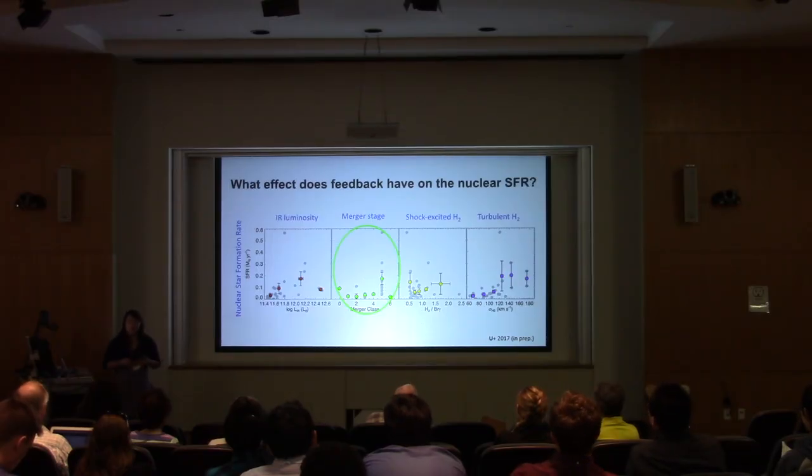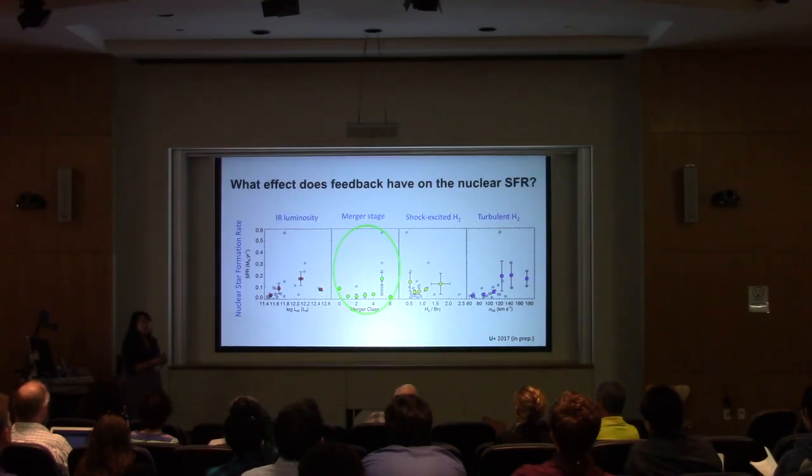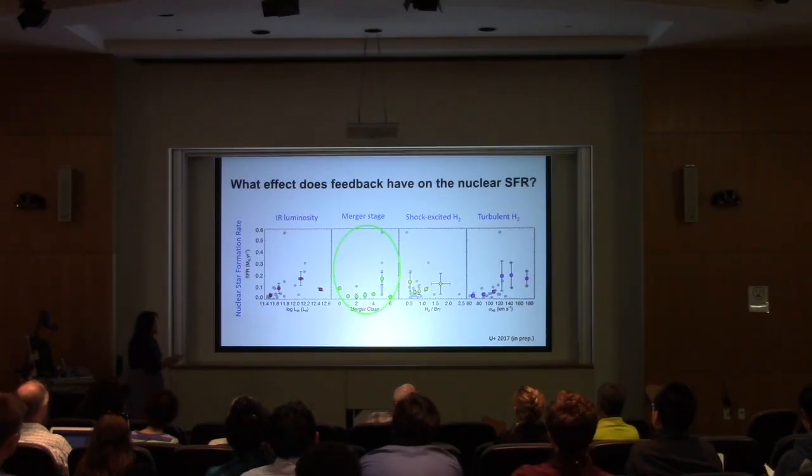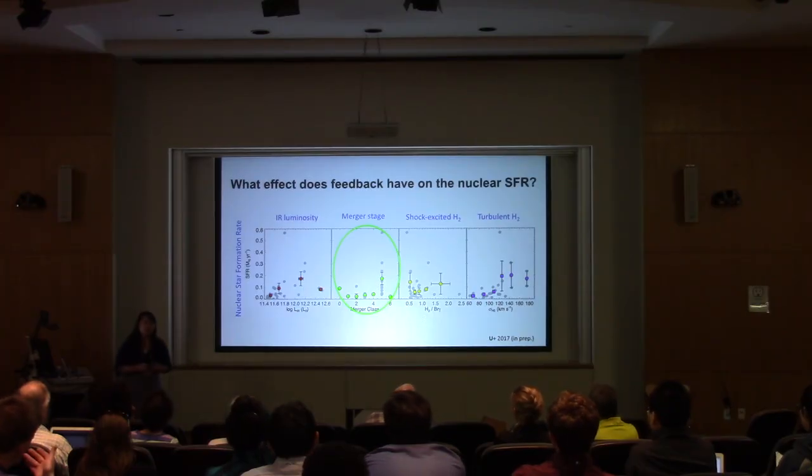Now, we are a lot more complete in this stage than we are in the earlier stages. So we might be seeing different trends once our sample grows larger, but it is telling to say that the nuclear star formation rate doesn't get enhanced until the very late end of the merger.